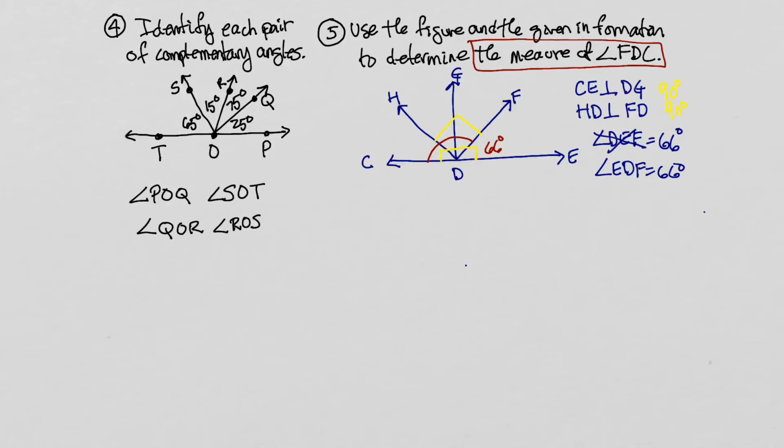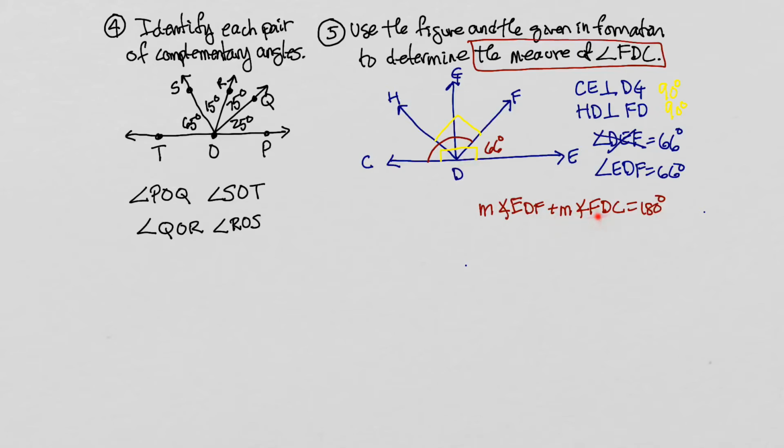But I'm going to see that the measure of angle EDF plus the measure of angle FDC, that's 180 degrees. Let's just look at those again. It's EDF, now that's 66, and FDE, because it's perpendicular, 90, is 180.